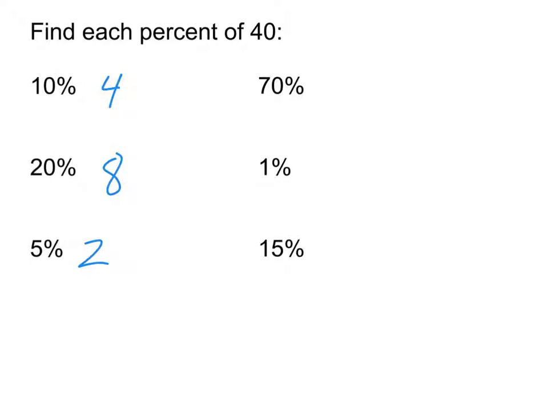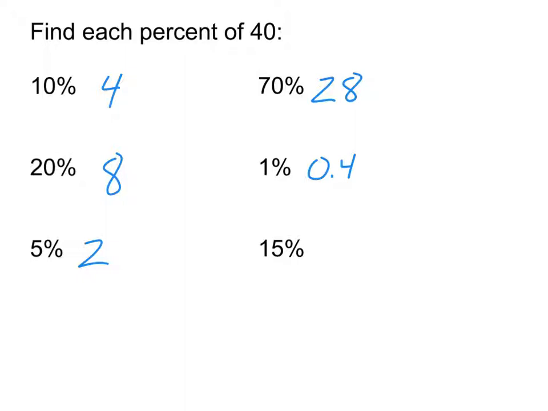So then for 70%, how are we going to get 70%? Well, that would be 10% times 7. So that would be 4 times 7, which is 28. Okay, what about 1%? The answer is 0.4.